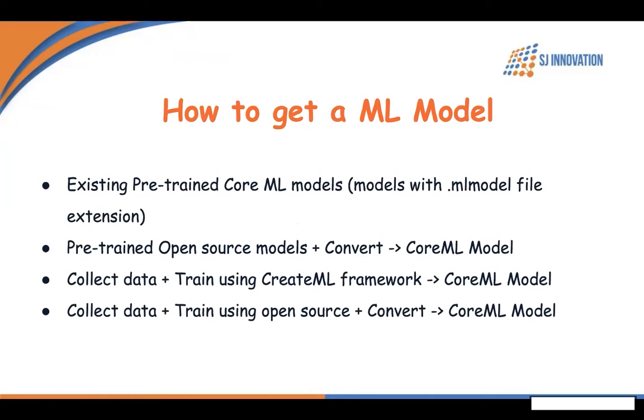Other options: you collect data and train using the CreateML framework, which we will see in the upcoming slides, and you will get a CoreML model. Another option is to collect data, train using open source libraries, and convert that model into a CoreML model and use it inside the app.